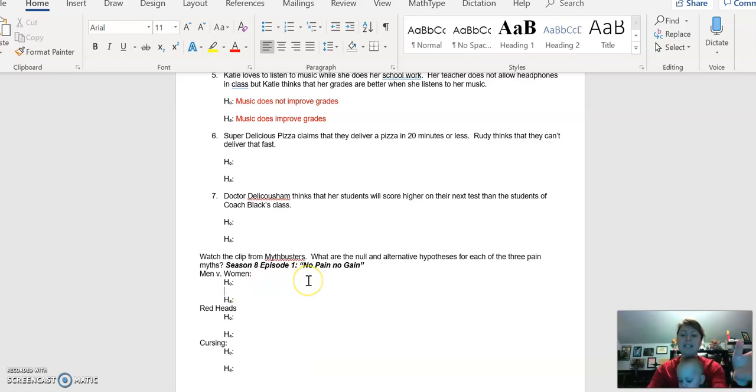Basically the question is who can withstand more pain? Men versus women, if redheads can withstand pain, and then if cursing will help you to handle pain better than not cursing. And you're going to watch that. You're going to do the null and alternative hypothesis for each. It's season 8, episode 1, and that's what it's called. So it's pretty easy to look it up. And I think I bought it for 99 cents.